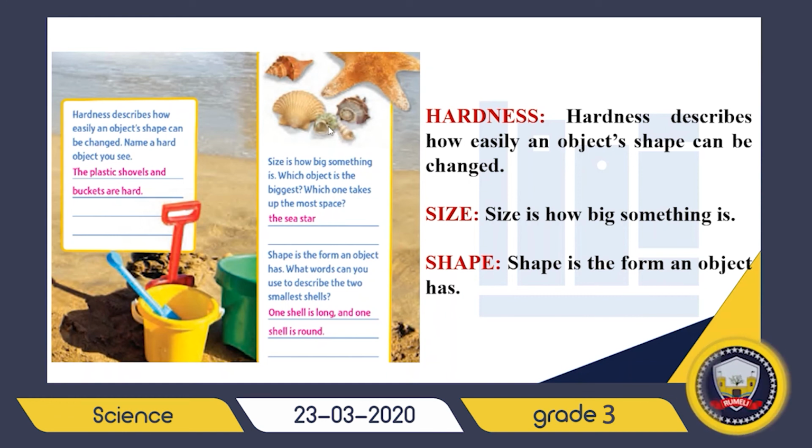This one and this one are the smallest ones, right? When I check this shell, I can see this is long. When I check the other shell, I can say this is round. So round, long, short represent shape.